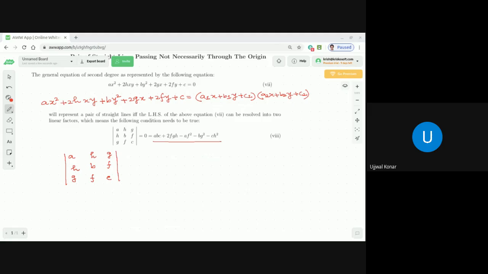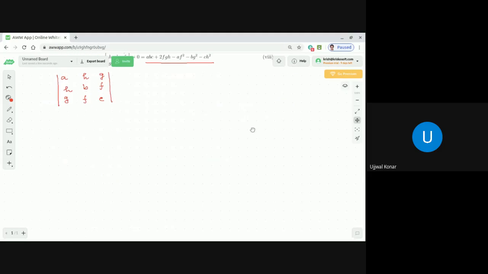Now, based on some conditions, we conclude the nature of the straight lines. Moreover, based on some conditions, we can say what the nature of the straight lines is, which I'm going to discuss with you now.